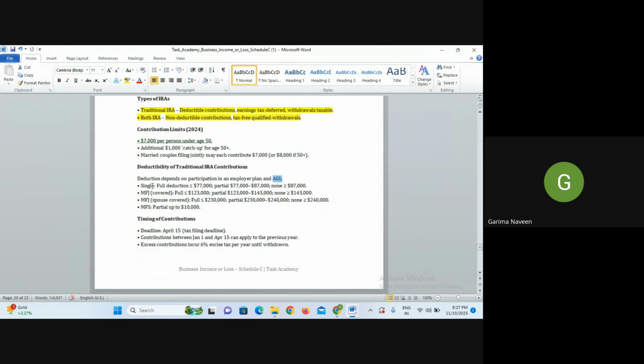And for Roth IRA also, if you have any employer sponsored plan, then there will be a limitation on the contribution also. It will also depend upon the AGI and employer sponsored plan.